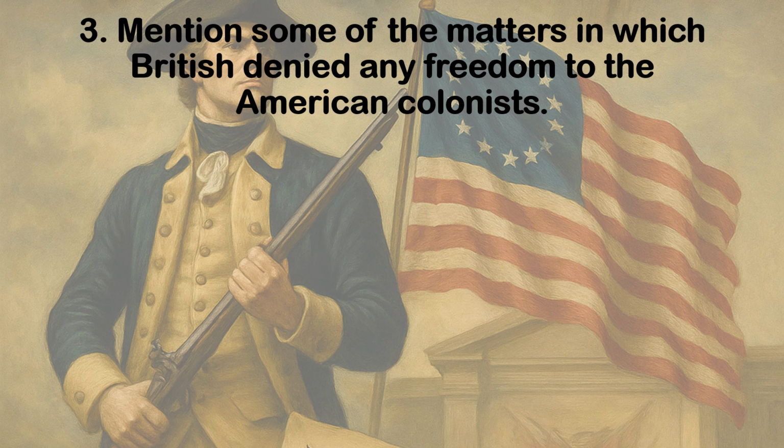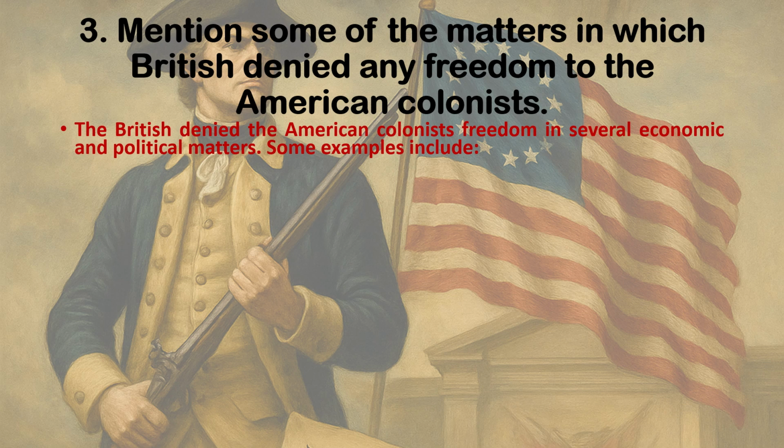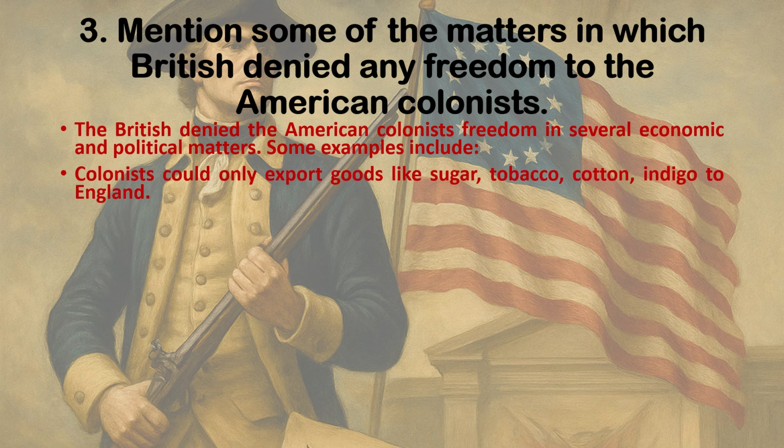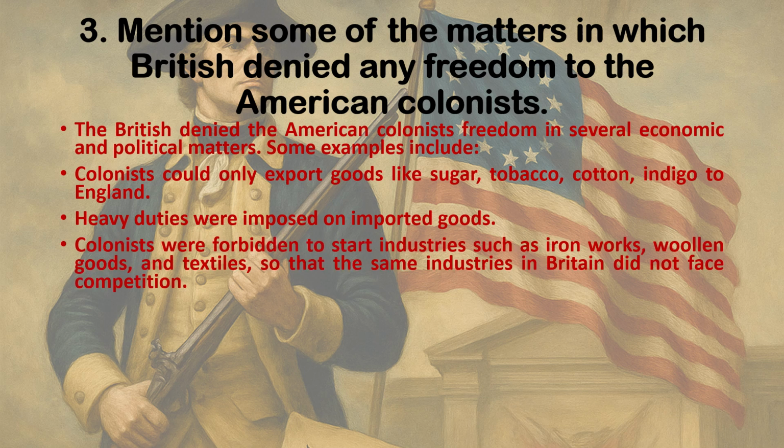Mention some of the matters in which the British denied any freedom to the American colonists. The British denied the American colonists freedom in several economic and political matters. Some examples include colonists could only export goods like sugar, tobacco, cotton, indigo to England. Heavy duties were imposed on imported goods.